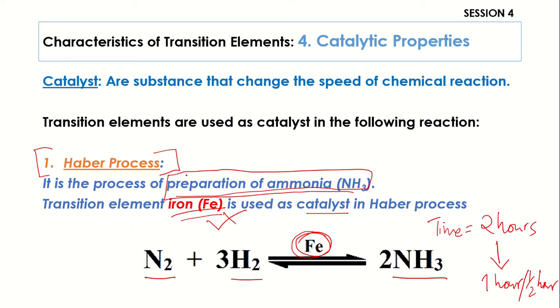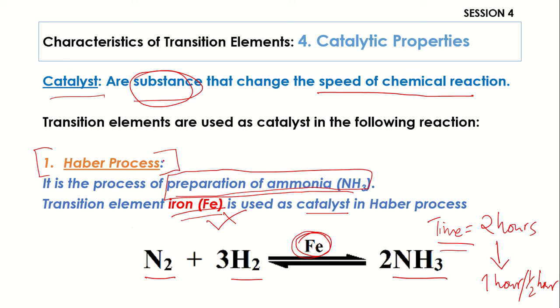This is the specialty of catalyst, and the catalyst stands for the substance that changes the speed of the reaction. So it can speed up the reaction and cut down the time taken for the chemical reaction.